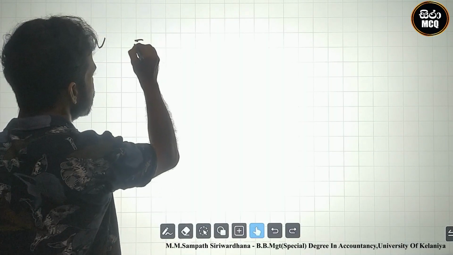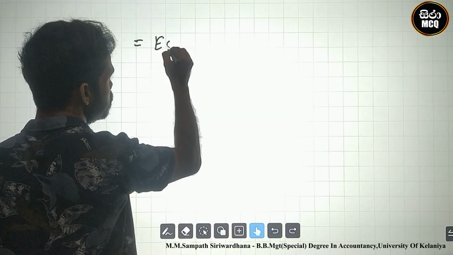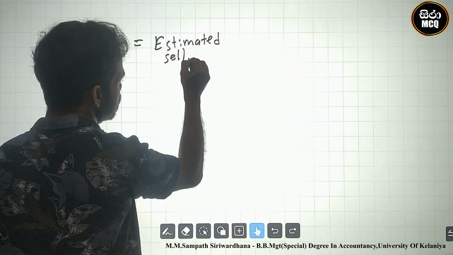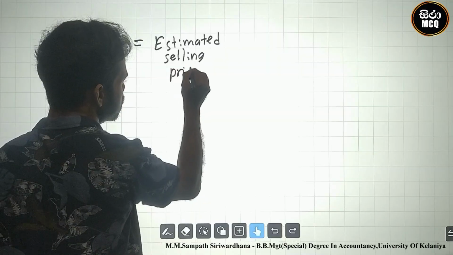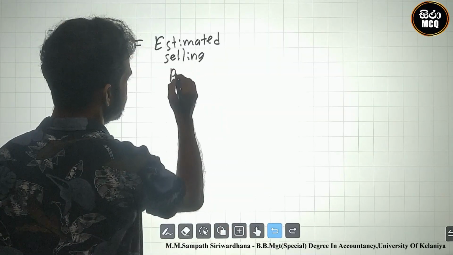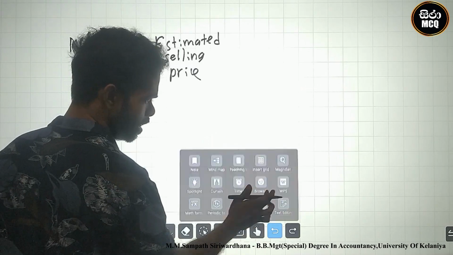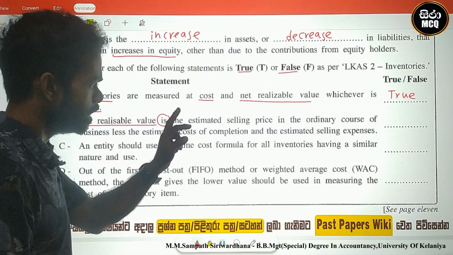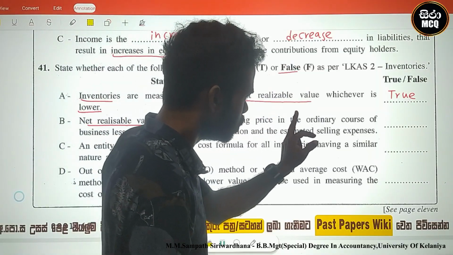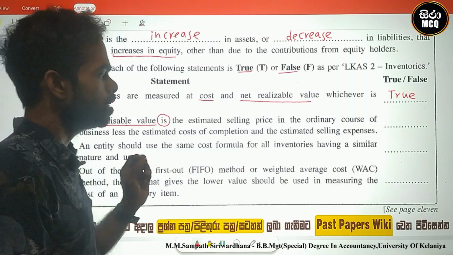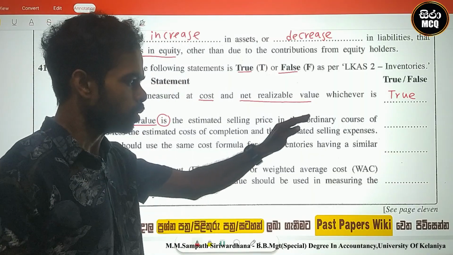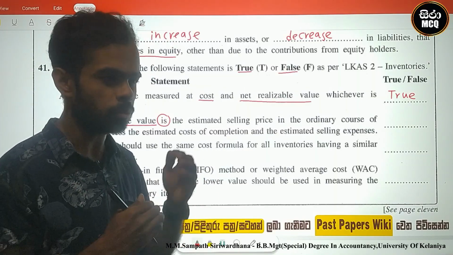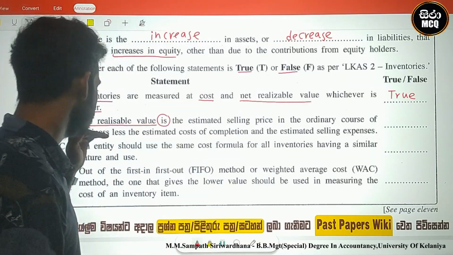How can we calculate it? It is an estimation: the estimated selling price in the ordinary course of business. There is a selling price, and there is the ordinary course of business, the normal business. You know what the selling price of the goods or services is in the ordinary course of business.